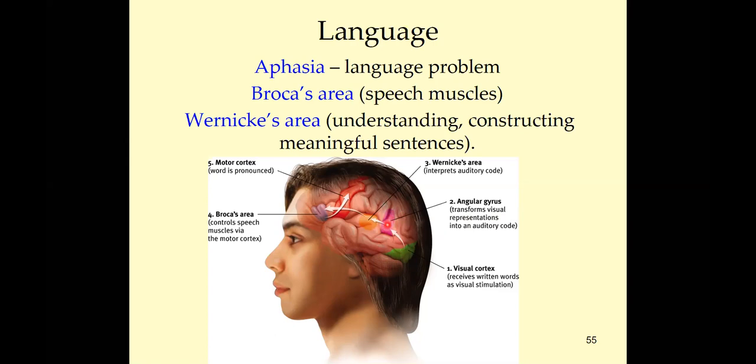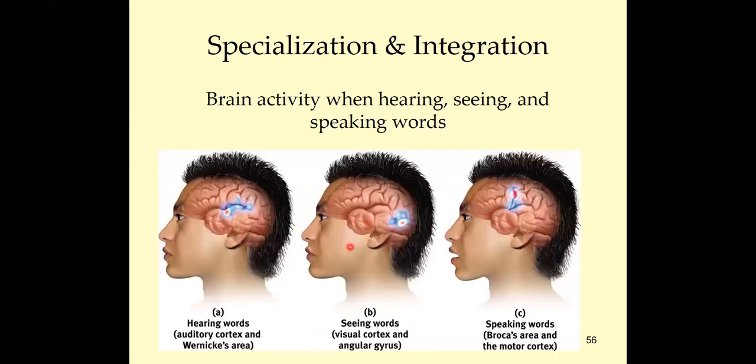Now, we might further say, well, if you're reading for understanding, then Wernicke's area has to get involved and figure out just what do those words mean that we have transformed those letters into. And of course, if we're speaking words, then Broca's area is cooperating with motor cortex to produce the sounds of speech. So many activities that we do, not just language, but many others, require the cooperation of a wide variety of brain areas.